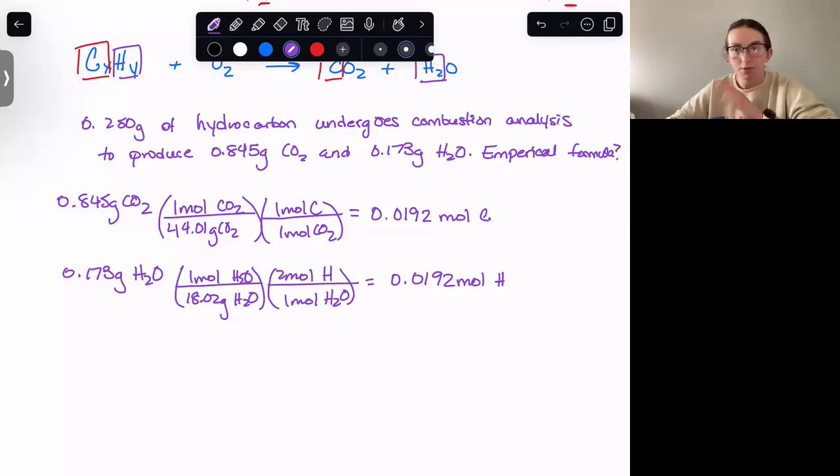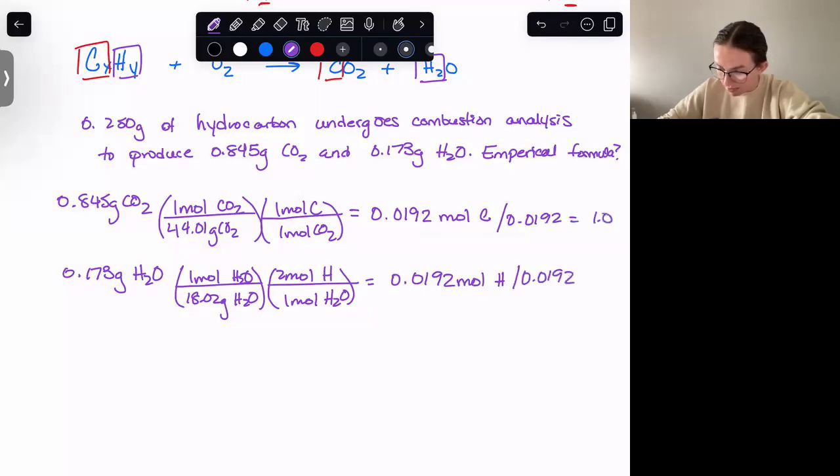Okay, if these were different, you would want to divide by your smallest value of moles. All right, in this case, our smallest value is the same. So it's going to be 0.0192. And this equals 1.0, and this equals 1.0. We need to divide by the smallest value of our moles because we need to get to our nearest whole number for our empirical formula.